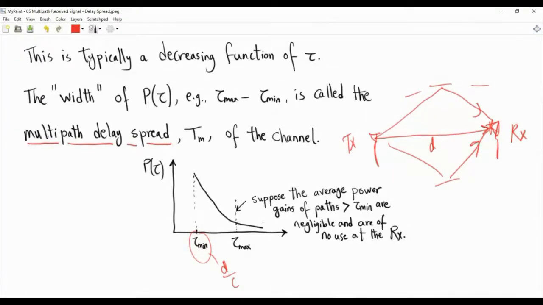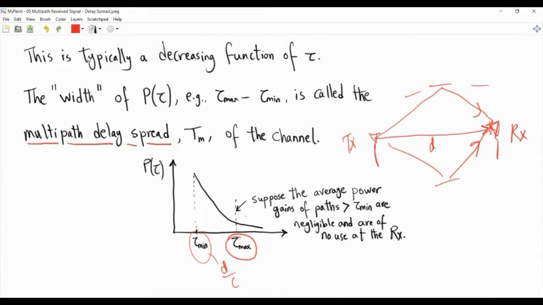And typically in receivers, if the received power along a path is below a certain threshold related to the noise floor of the receiver, it will be ignored. So perhaps above some delay tau max you are getting replicas of the transmitted signal, but if those replicas have a power that is small relative to the noise power in the receiver electronics, perhaps those are useless and you do not need to consider them in your analysis.